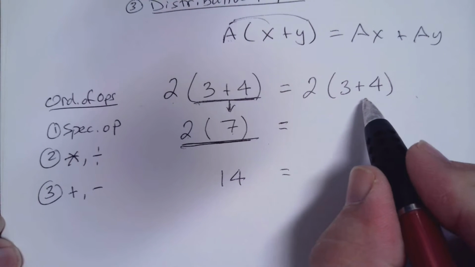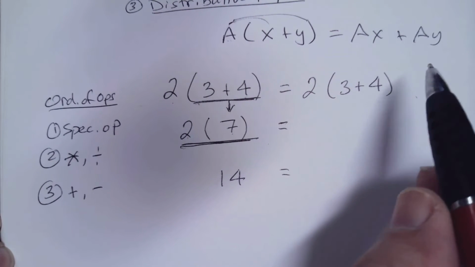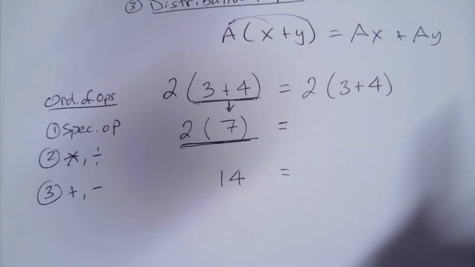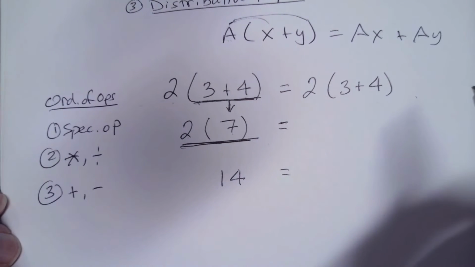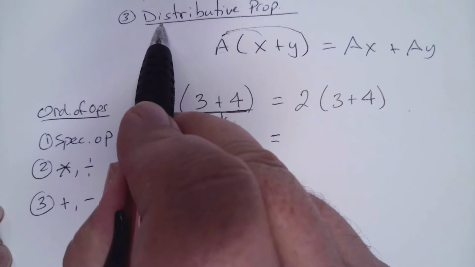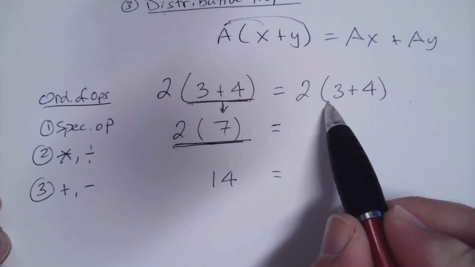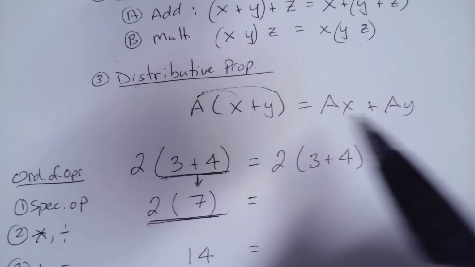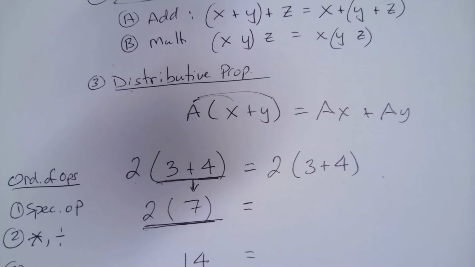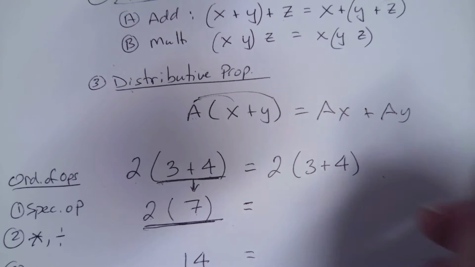Now, let's look at the properties. What property can I use here? The distributive property. So remember, what is the main purpose of the distributive property? What does it get rid of?